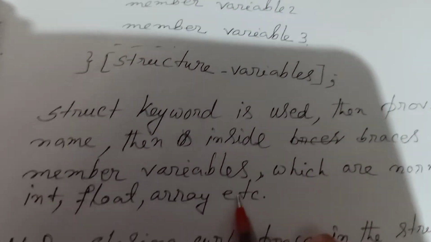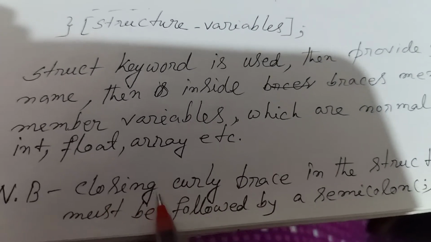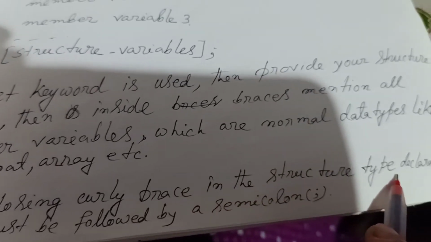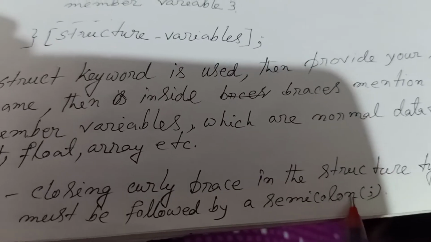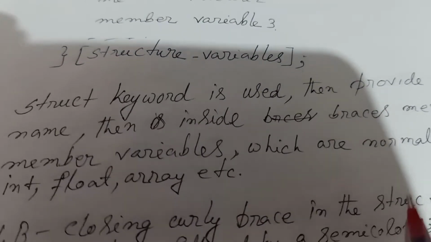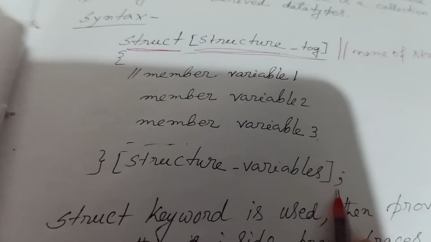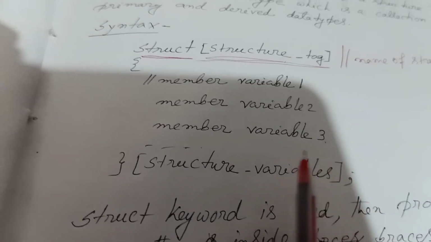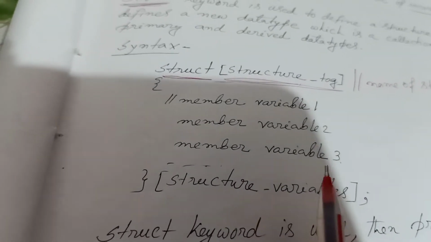Okay. Here we have to remember that the closing curly brace in the structure type declaration must be followed by a semicolon. If we forget to put the semicolon after defining a structure, then this structure shows an error.